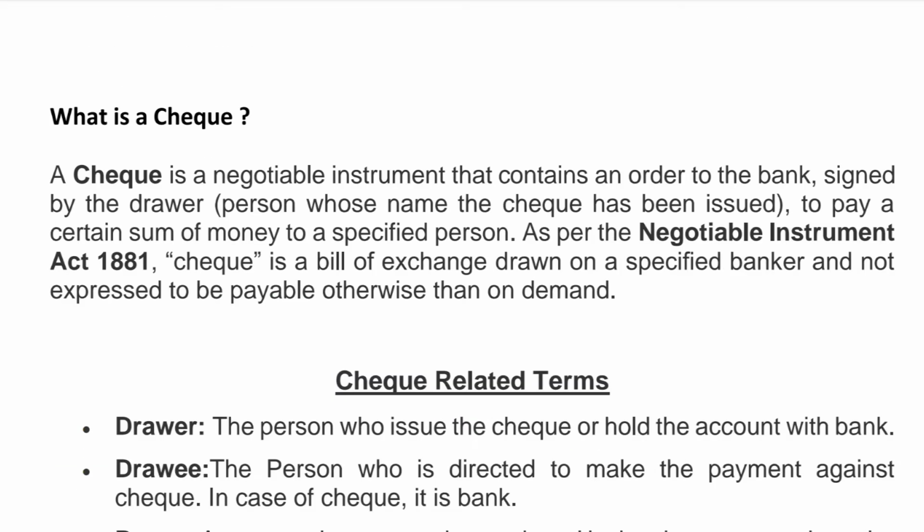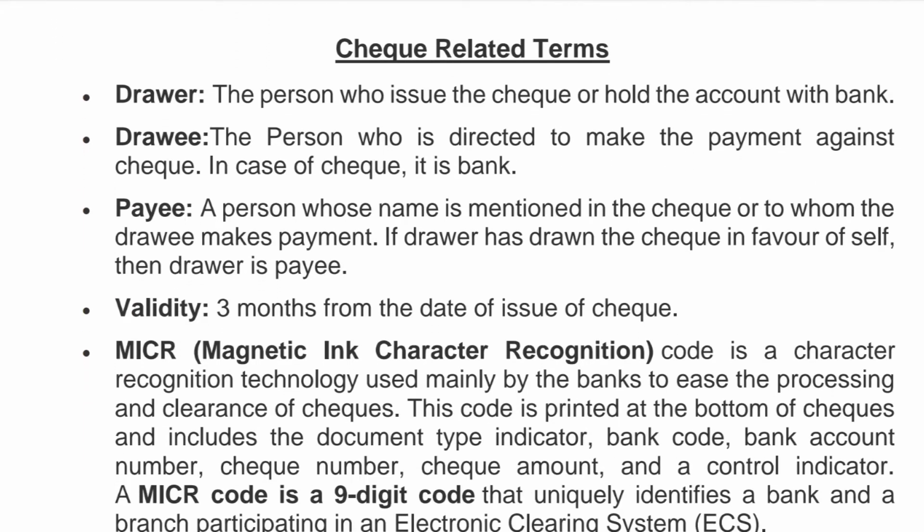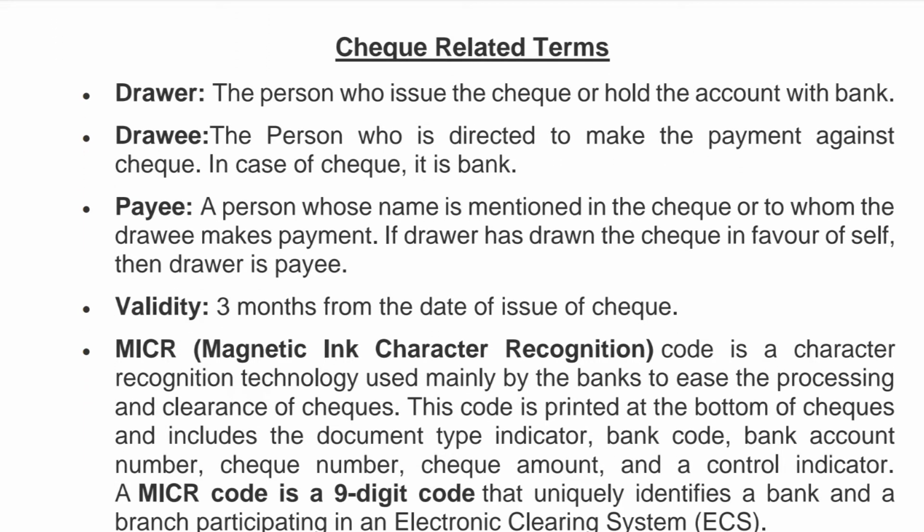Now we will be discussing check related terms. Drawer, as we already discussed, is the person who writes the check. The person who issues the check or holds the account with the bank is called a drawer. Drawee is the person who is directed to make payment against the check. In this case, the drawee is the bank.